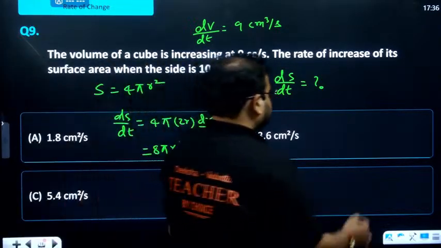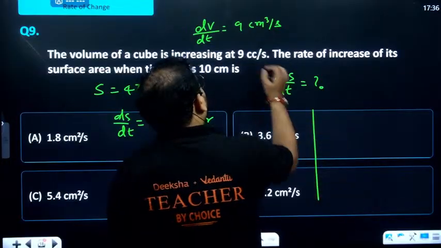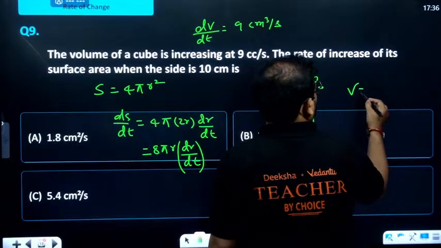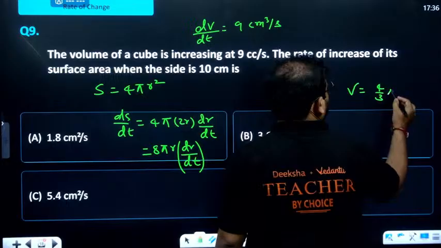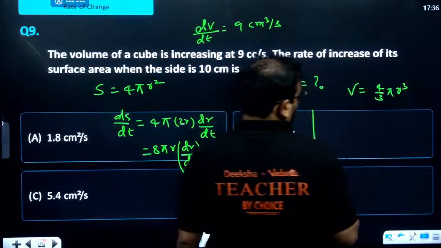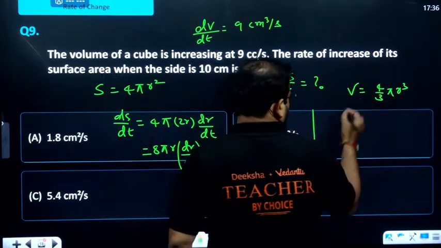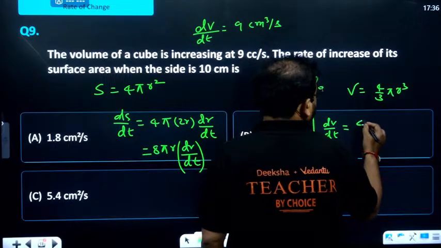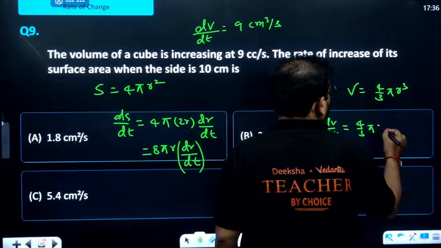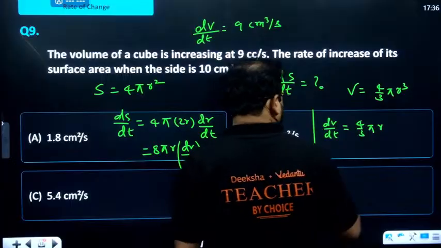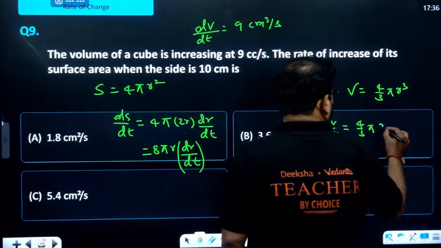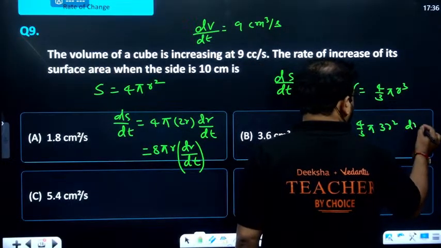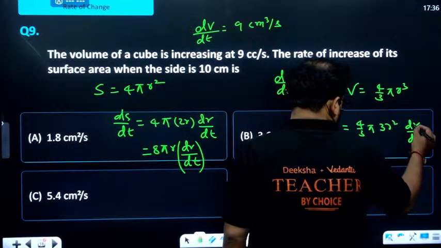But they have given us the volume, and the volume formula is 4 by 3 pi r cube. So start from here itself. dV by dt will be 4 by 3 pi into 3r square dr by dt.